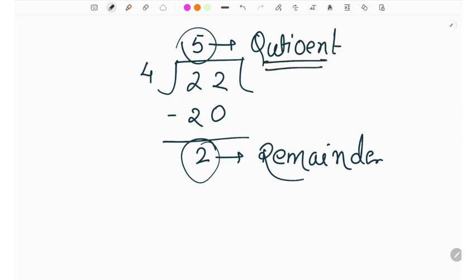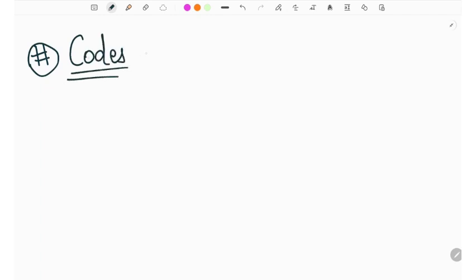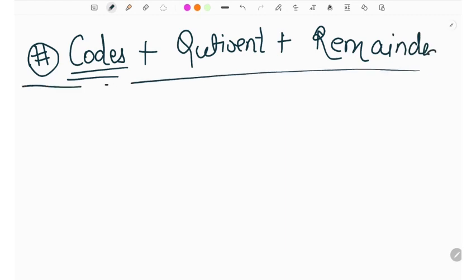Now these two terms, quotient and remainder, are important for solving the question. I am telling you again and again. Why? Because the codes we discussed yesterday in the previous part 1, plus the concept of quotient and remainder, will help you to solve the entire calendar topic.